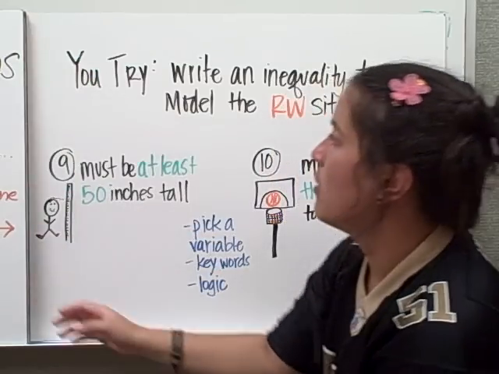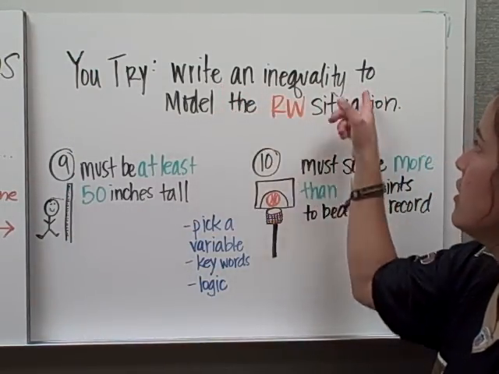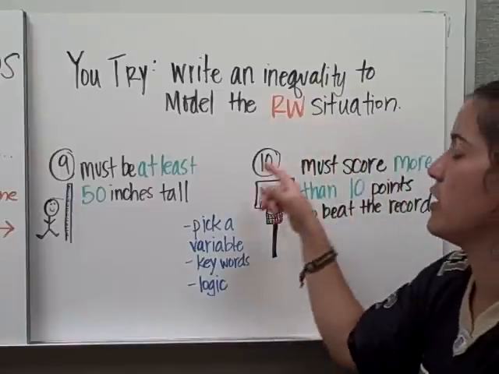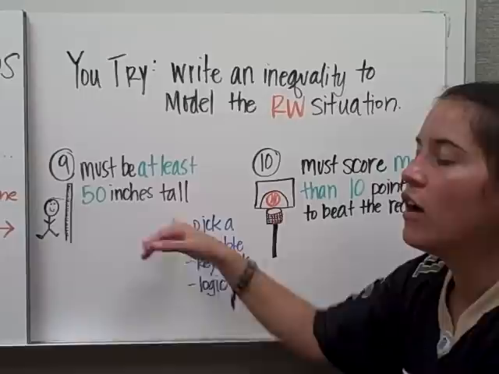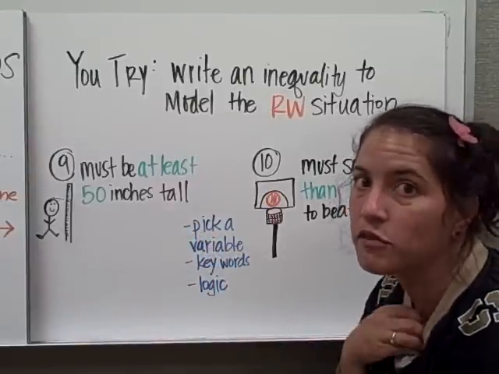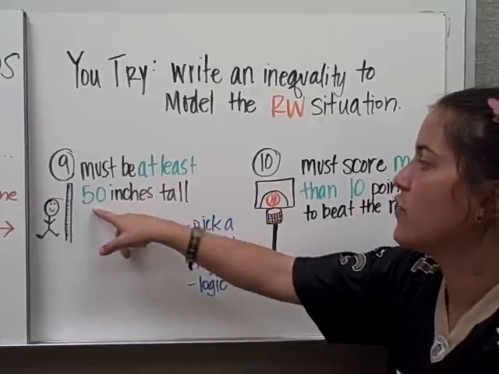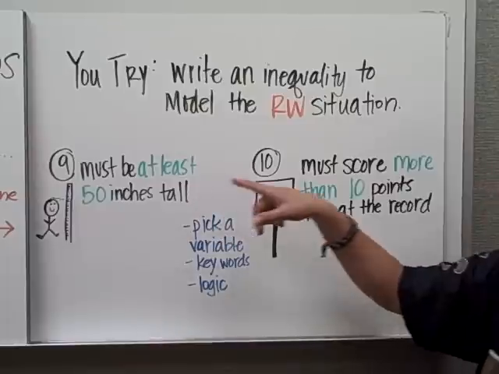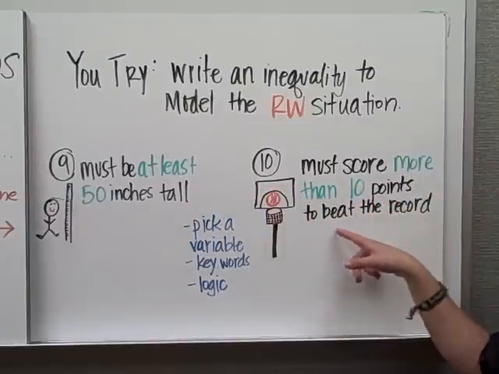All right, I want you to try a couple real world situations. Write an inequality to model the real world situation. The first one says you must be at least 50 inches tall. When you go to the fair, there's always height limits. And in problem 10, you must score more than 10 points to beat the record.